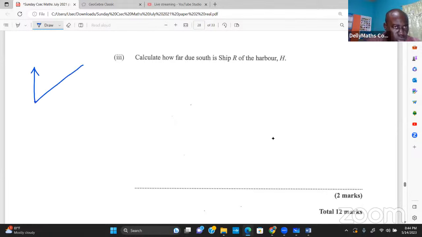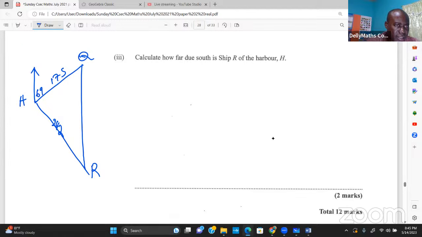This was Q. We have H, we have Q, we have R. This was 242, 175. This is 69. This is 82.